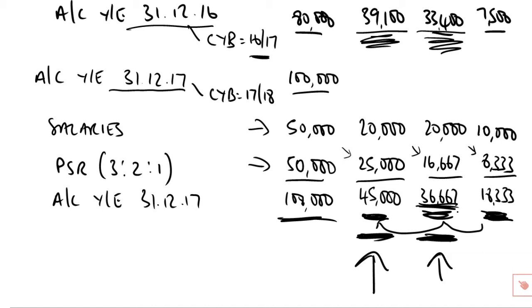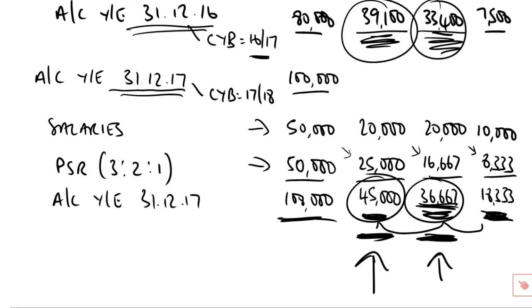So for 2017-18, partner A using CYB is a £45,000 assessment to include in his or her income tax computation for the 17-18 year, and likewise 36,667 to be included in the income tax computation for 2017-18 for partner V. So they are quite simple. They're CYB assessments for the years ended December 16 and 17. You know what their profit figures are. Those are what will be assessed.